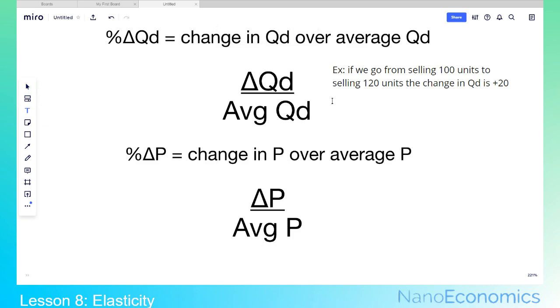And we're going to put that as a fraction over our average quantity demanded.